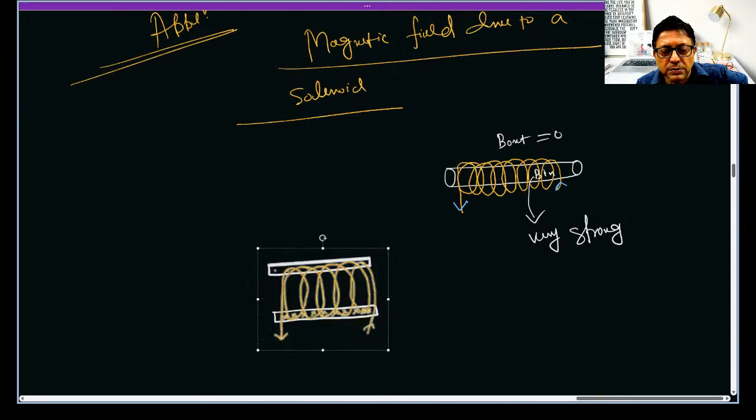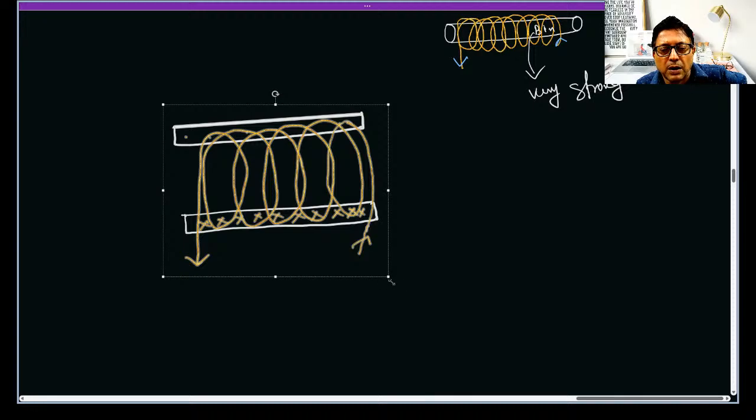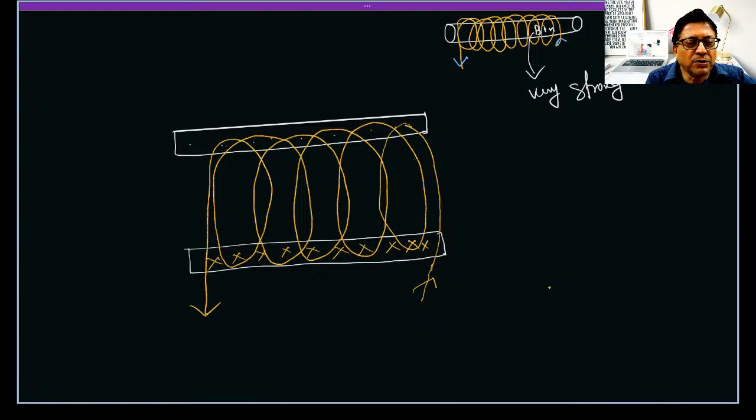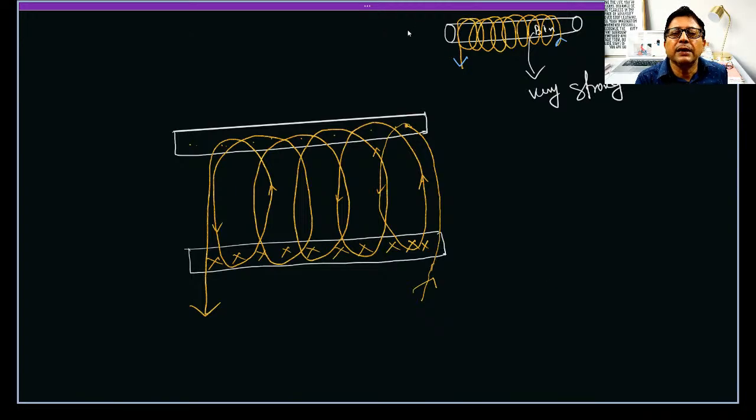Yeah, this is the skeleton diagram of the solenoid. So these currents are coming out this way, and this is entering, coming out, entering, like that. Now here, what is the direction of the magnetic field?